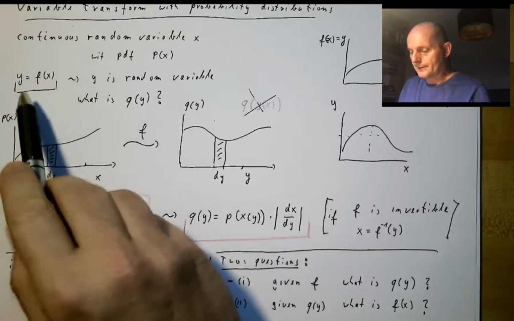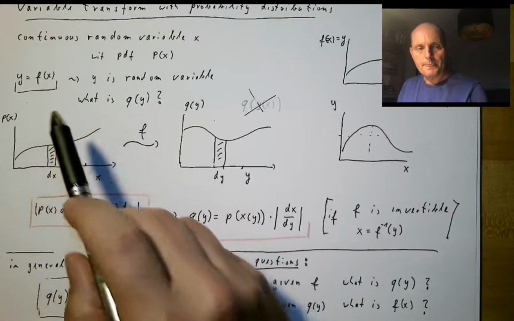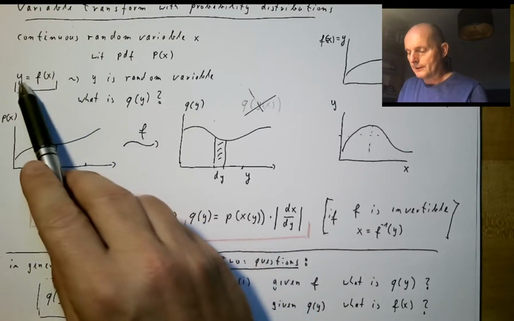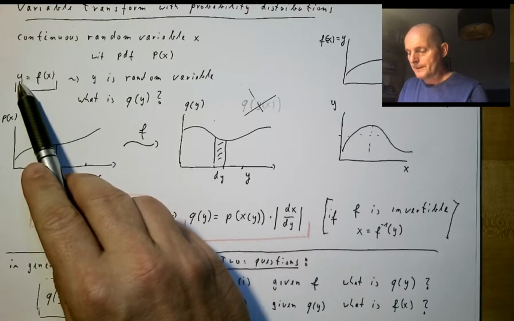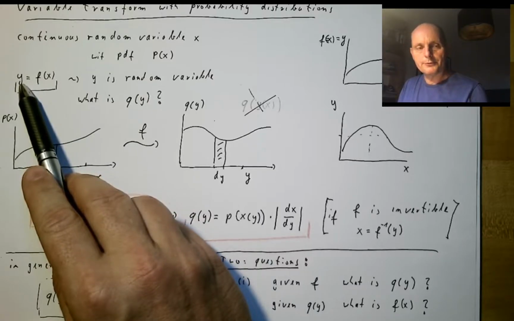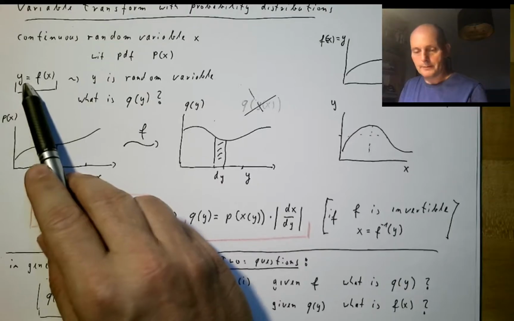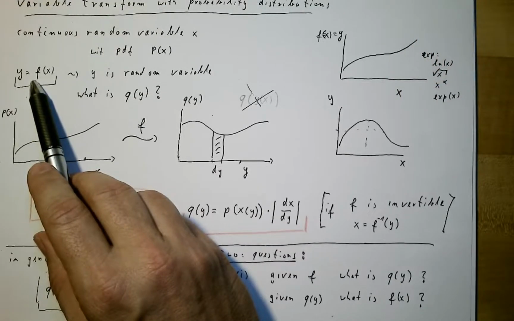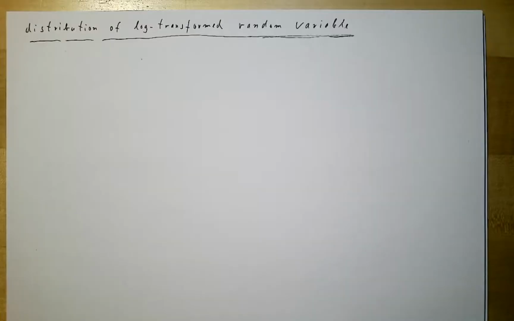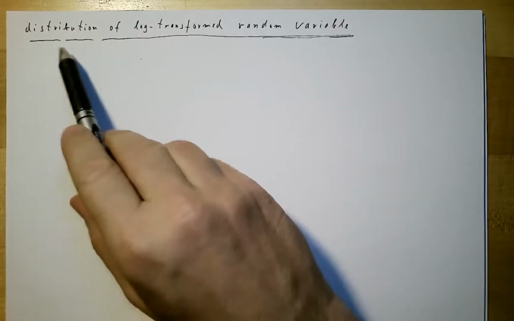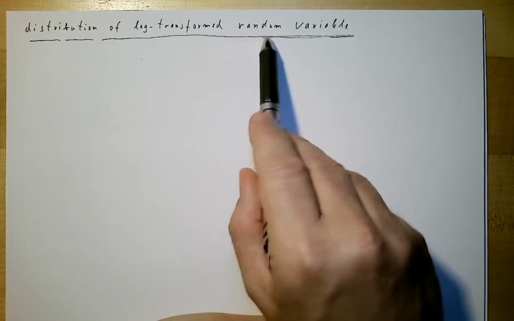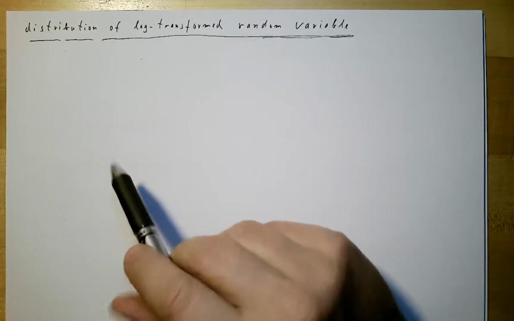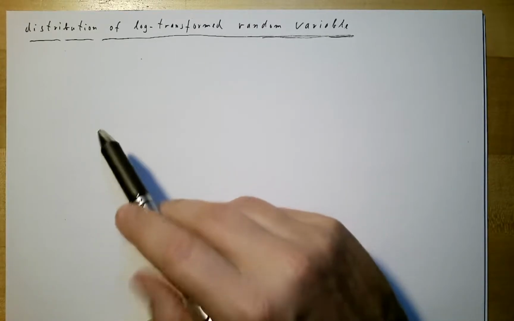So we say we have a random variable, and I want to make a log transformed variable, and I want to know what's the distribution of a log transformed variable. So we're looking at the distribution of a log transformed random variable. Why would we be interested in this?